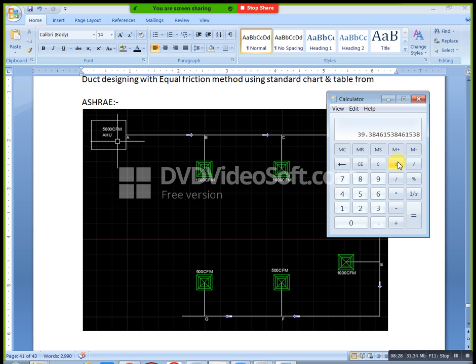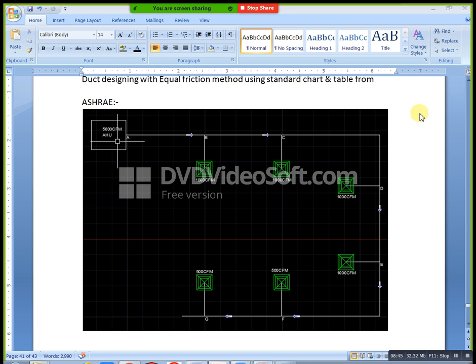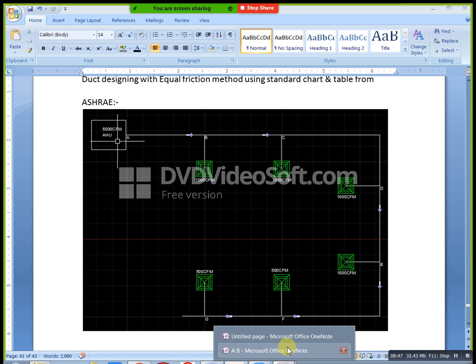Our value is 40 inch here. Means our duct size is 40 inch width, at the same time height 14 inch. Now understand? Is there any doubt? Again I will explain once more here on this page easily.